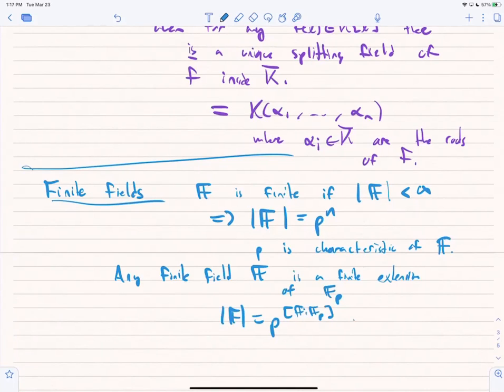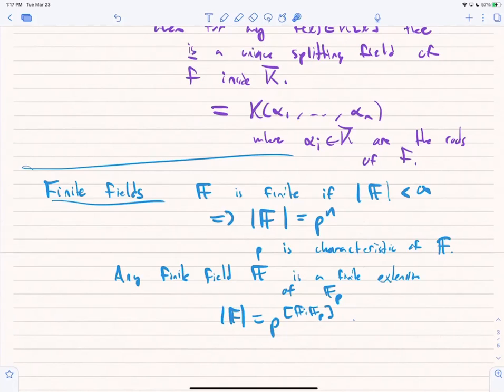What we haven't discussed so far is whether or not finite fields exist besides the ones we already know. So we know about F_p, but there's some content to the question of whether there is a field of order p to the n for every n.